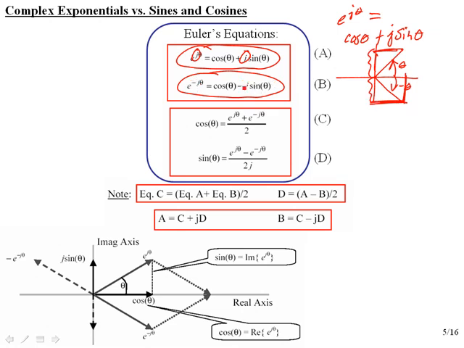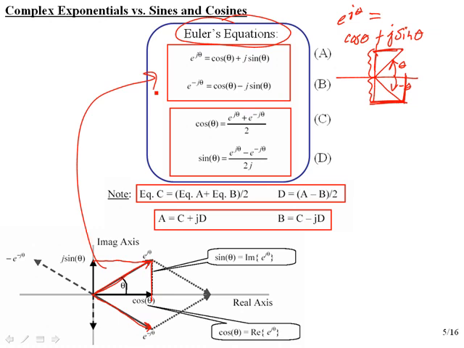So the imaginary part now becomes minus j sine theta instead of plus j sine theta. And these two equations together are what are known as Euler's equations. I'm also showing down here that we can make e to the j theta by adding cosine theta together with j sine theta. So that's illustrating those.